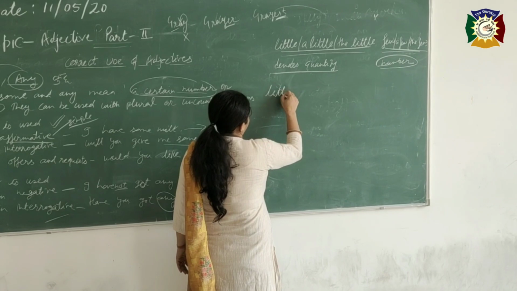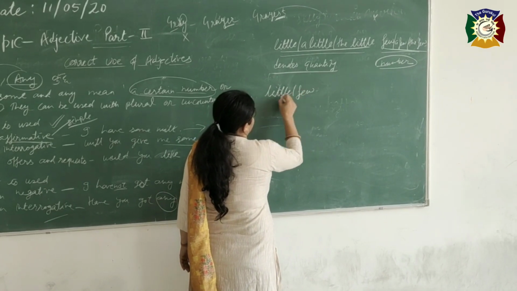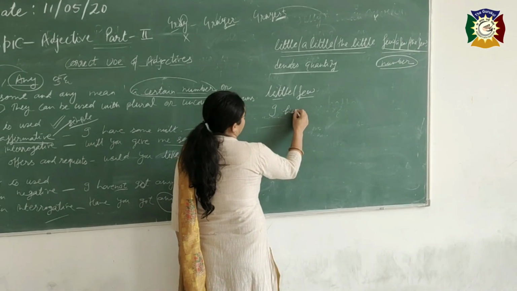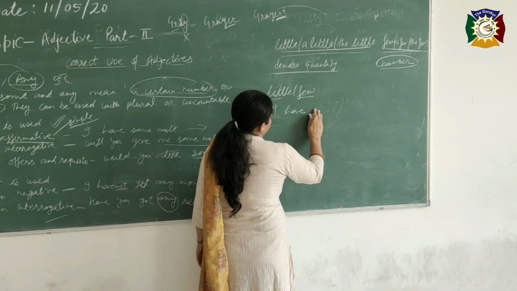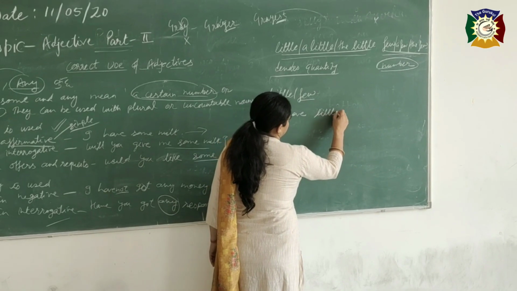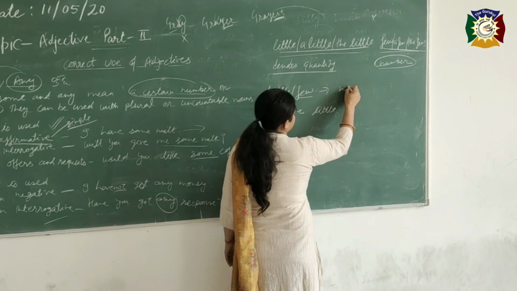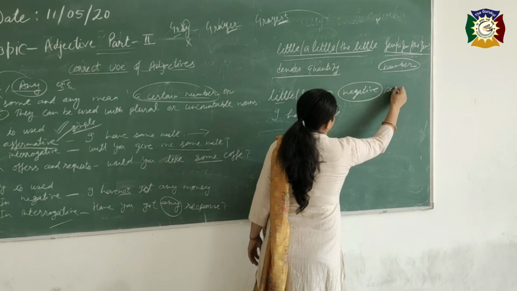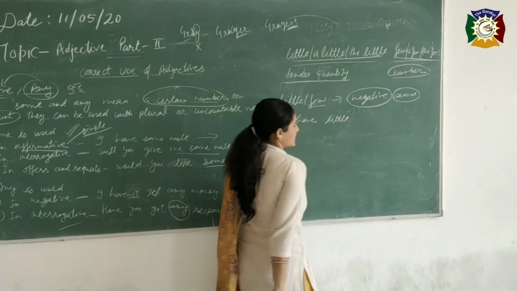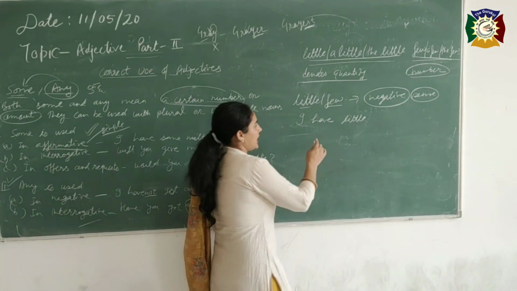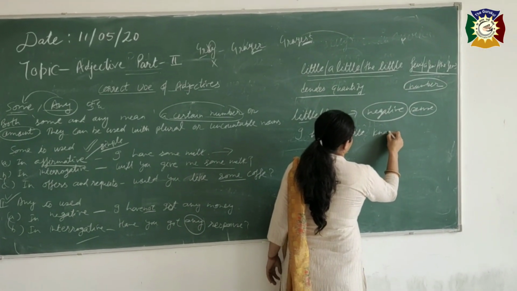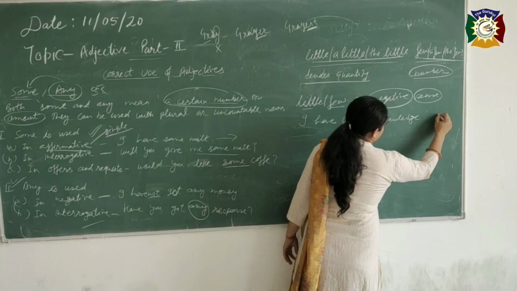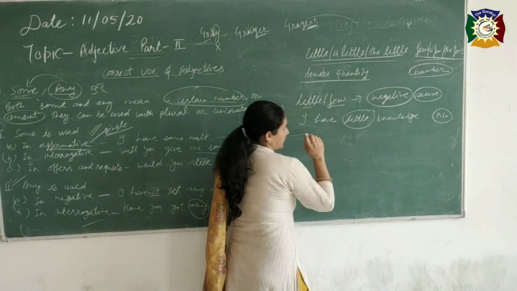Here we take some examples of little and few, comparing both together. Suppose I have little knowledge. It shows a negative sense, like no knowledge. It means you have almost no knowledge about it.